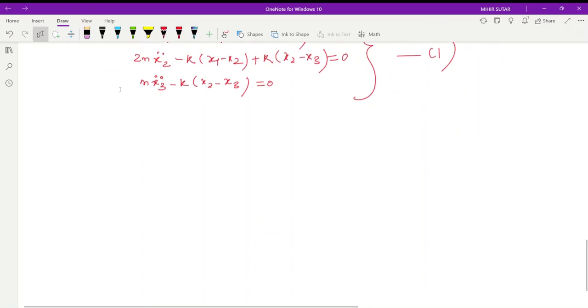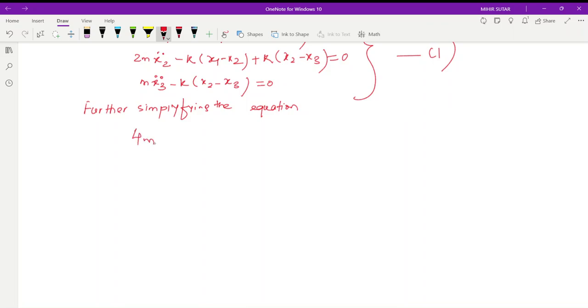So if you further simplify this, you can write further simplifying the equation, we will have 4m x1 double dot plus 4k x1, okay, minus k x2 is equal to 0.